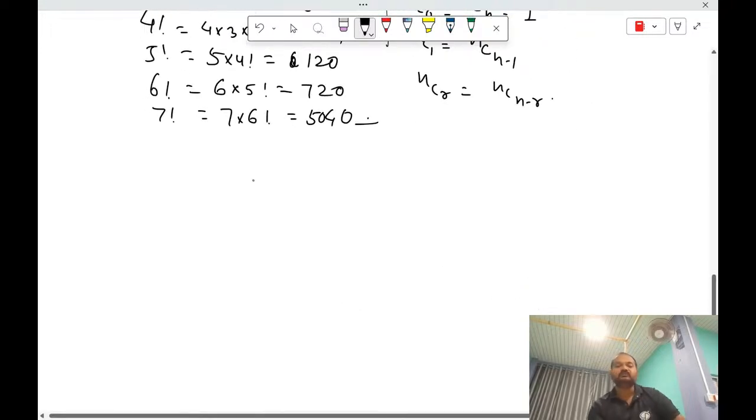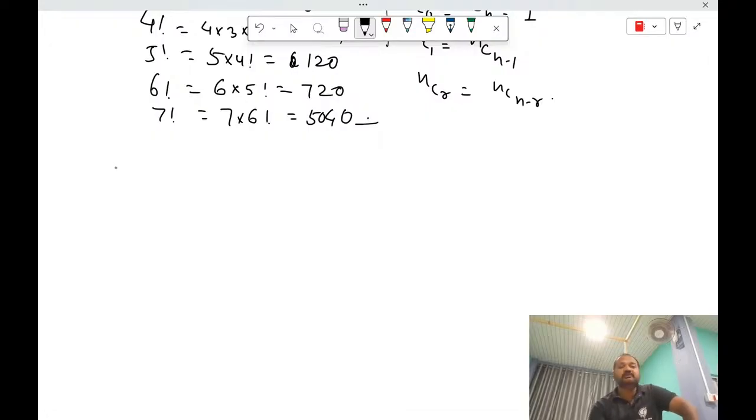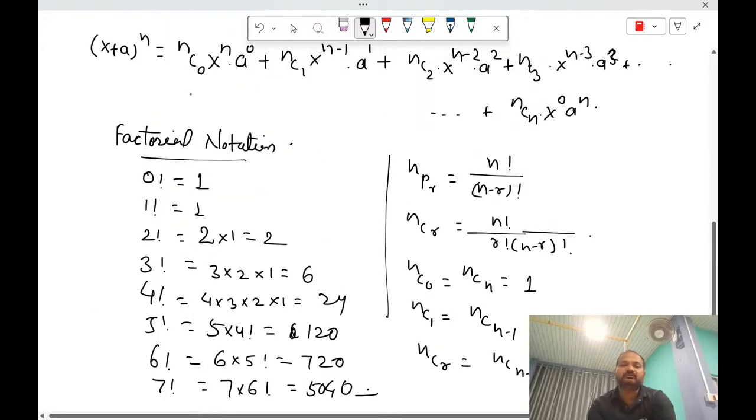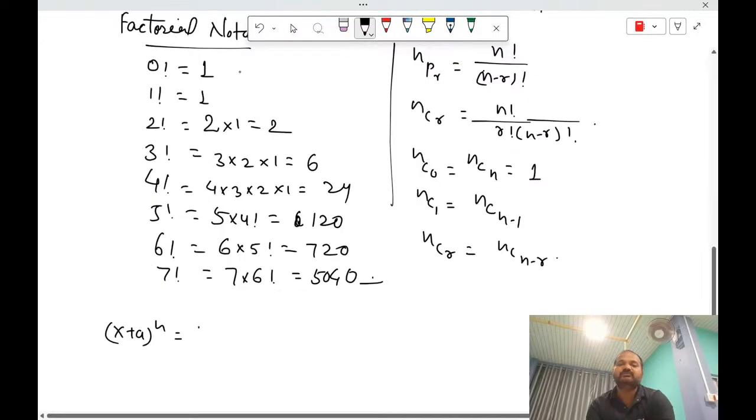Okay, now we will see the expansion of (x plus a) whole to the power n. We have seen nC0, just now. nC0 is 1, and x to the power n, and a to the power 0 will be 1.